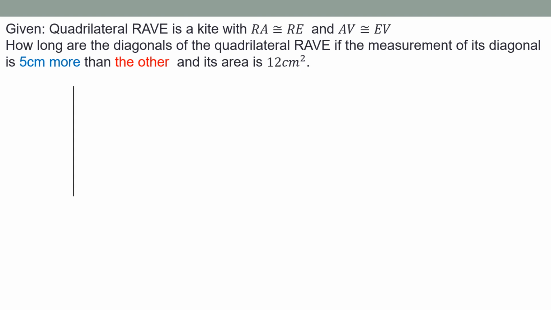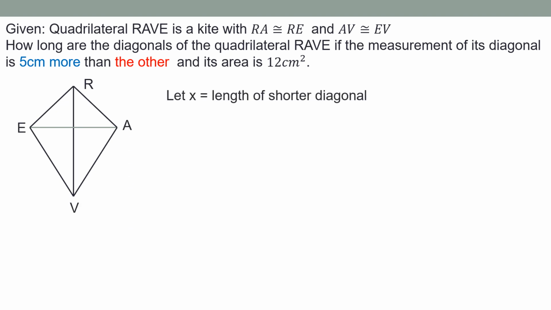Let us draw first the diagonals, the longer diagonal and the shorter diagonal, followed by its sides. And then label the quadrilateral. So RA is congruent to RE, and AB is congruent to BE.